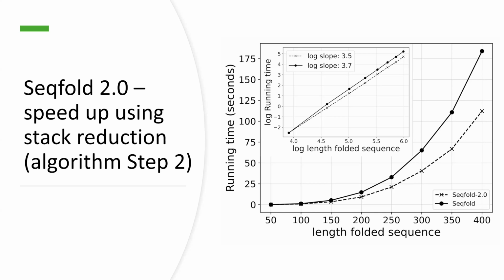That's not true. 33% time improvement over the existing algorithm, and as you increase the length of your sequence, your time improvement will get better, right? We have our log slope is 3.5 versus the 3.7 of the original algorithm.